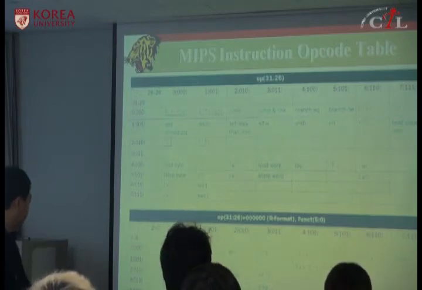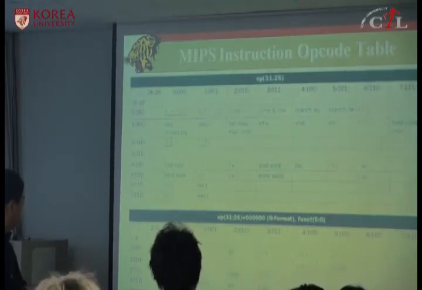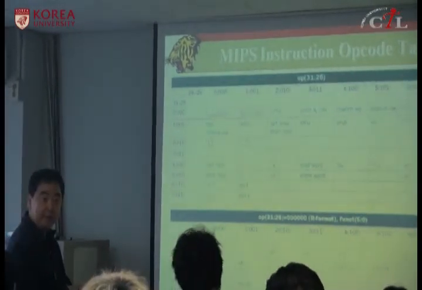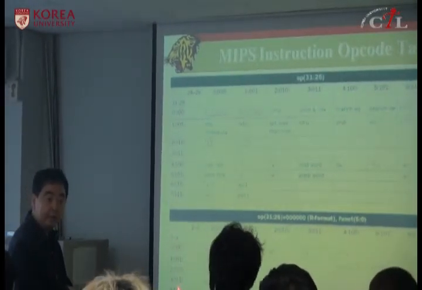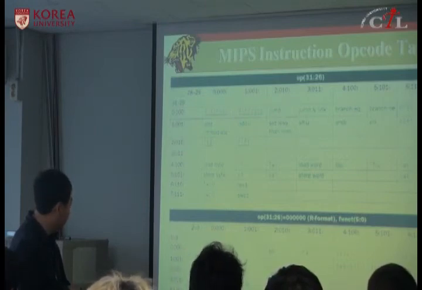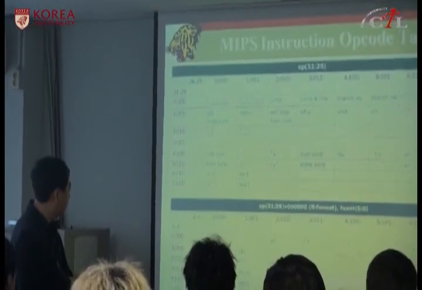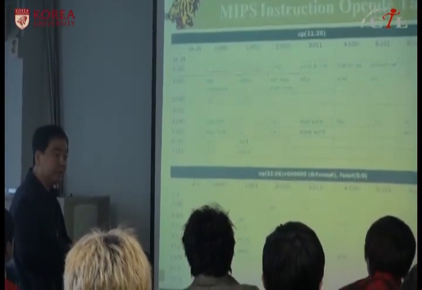Where is add? This is add. This is MSB, this is LSB. MSB stands for most significant bit, LSB for least significant bit. So add is 100000. In decimal, how much is that? 1 and 5 zeros.